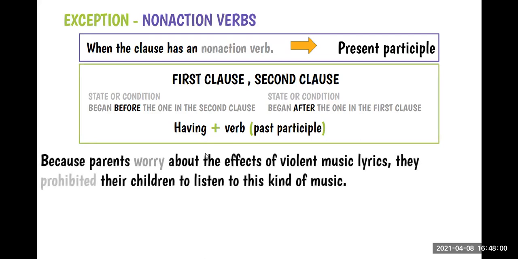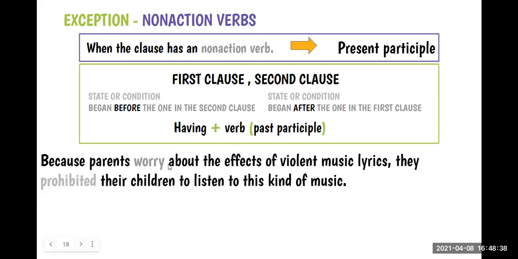For example, teacher. I don't understand. Okay, we are going to do this example with the same sentence we have in the previous example. Here we have, because parents worry about the effects of violent music, they prohibited their children to listen to this kind of music. Okay, so here we have two actions. In the first we have worry, and in the second part we have prohibited.